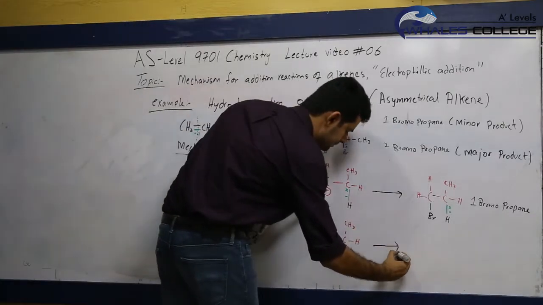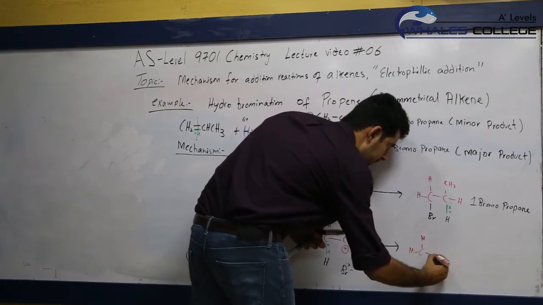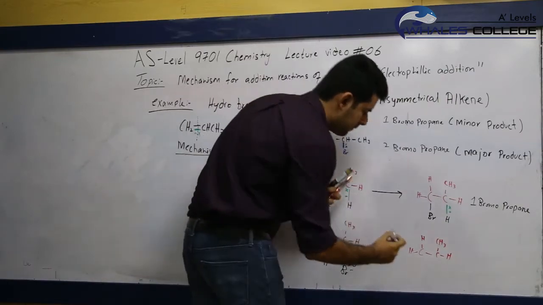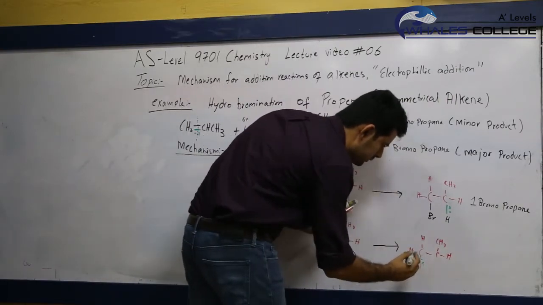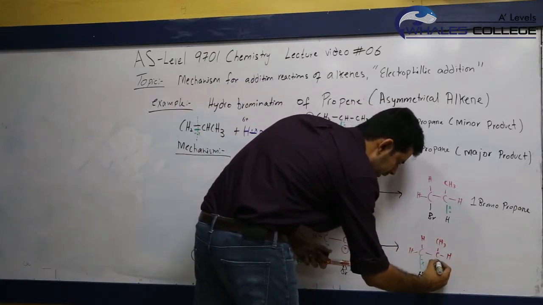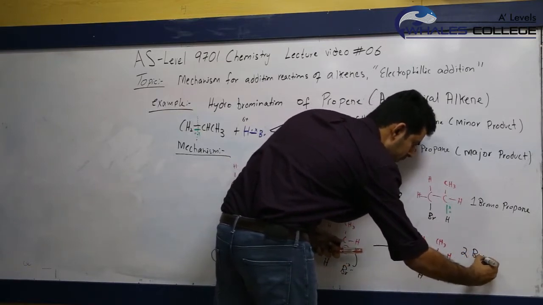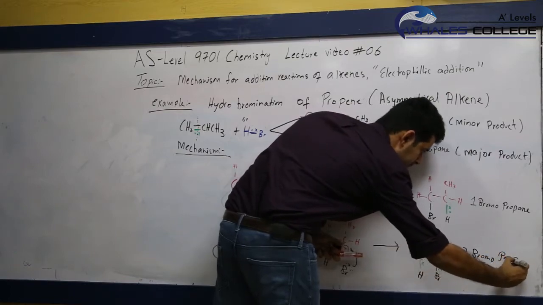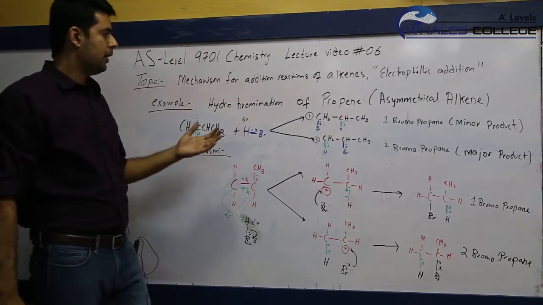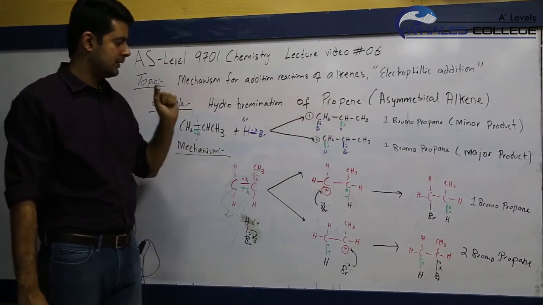That means you would be producing the dot and cross, hydrogen attached to the first carbon, the bromide attached to the second carbon. So you will be producing 2-bromopropane, right?